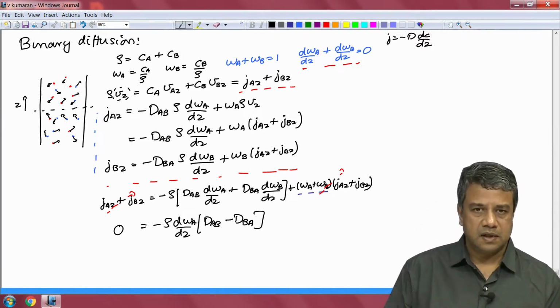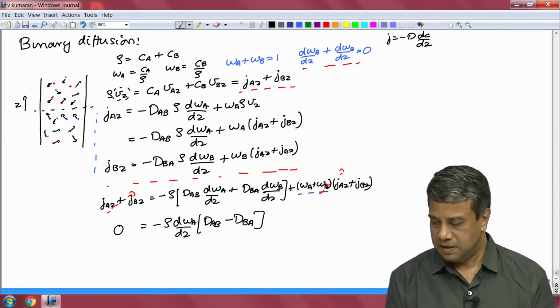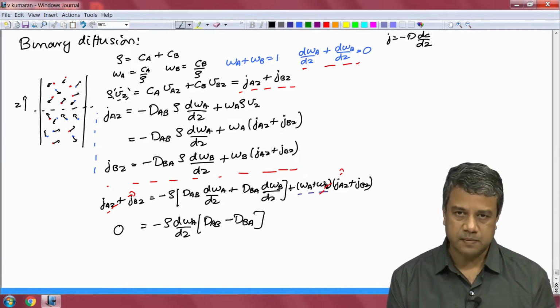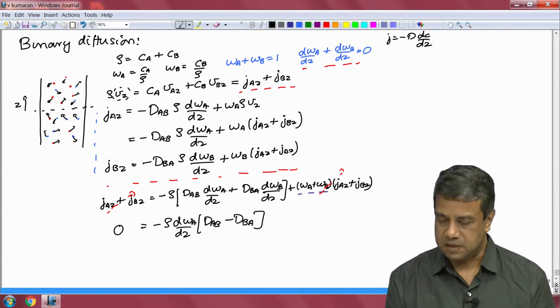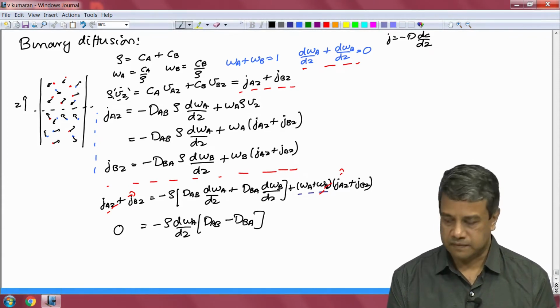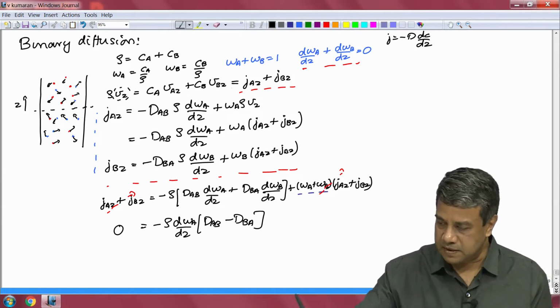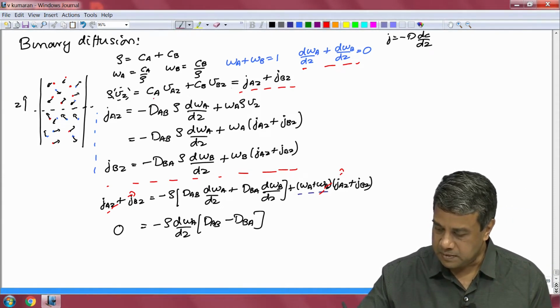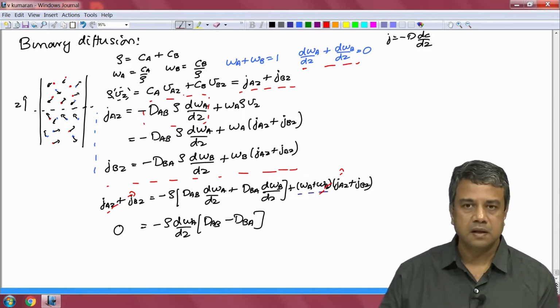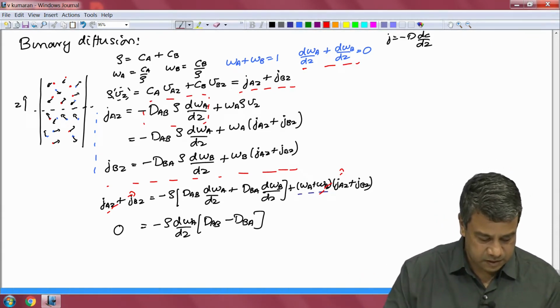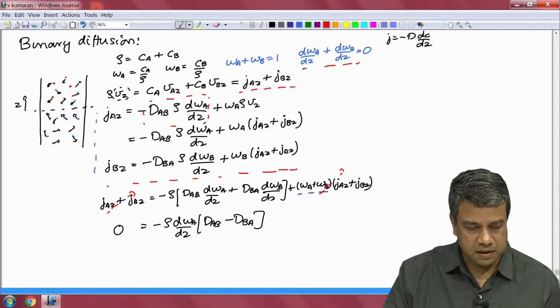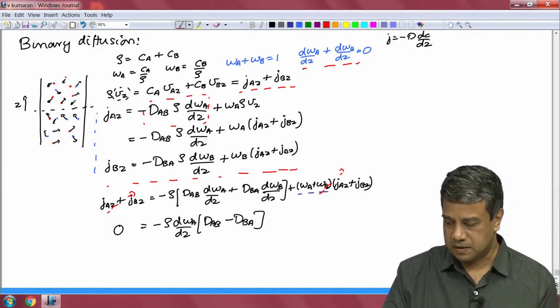And you can see just from this, the diffusion coefficients DAB and DBA have to both be equal, just from this consistency condition for the fluxes. And that follows because we have written the flux in terms of gradients of the mass fraction rather than in terms of the gradients of the concentration.